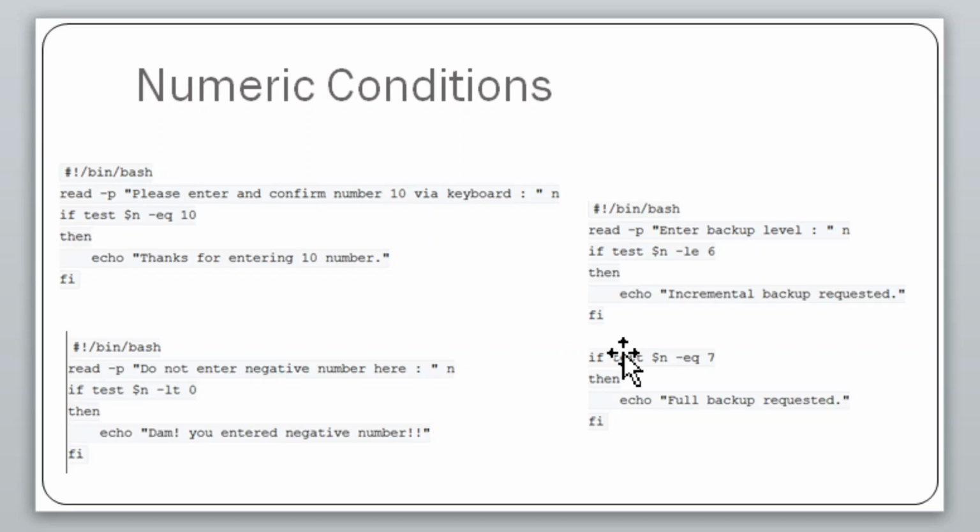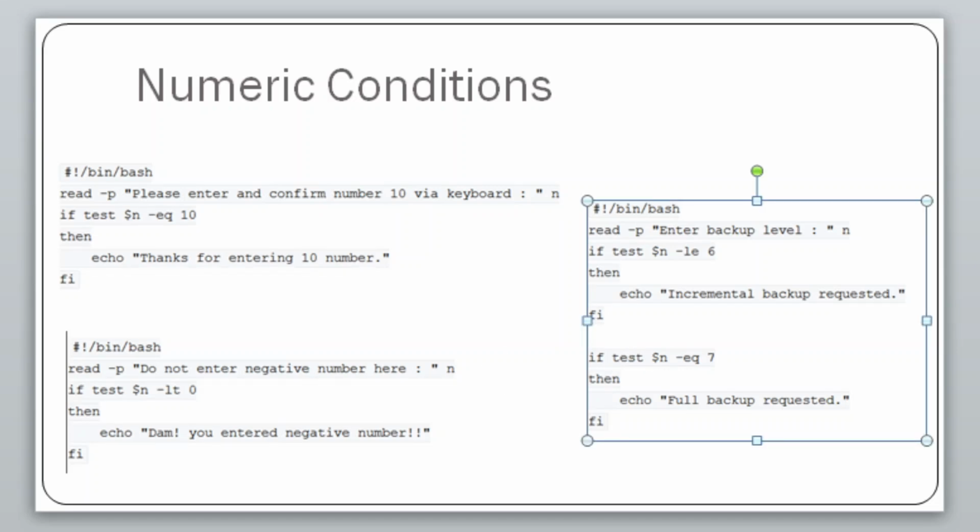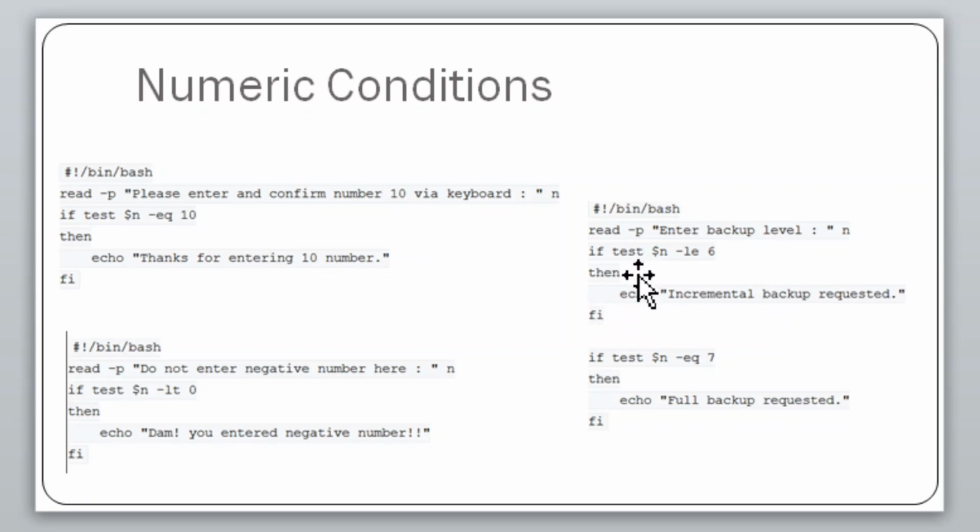So if n is less than or equal to 6, then echo this. Then we set up a whole other statement and said if test variable n is equal to 7, then echo this. And we typed in 7. So this wasn't true, so it skipped this. This was true, though, so it echoed this. And we didn't even have to use the read command because we're using the same variable in all of these.